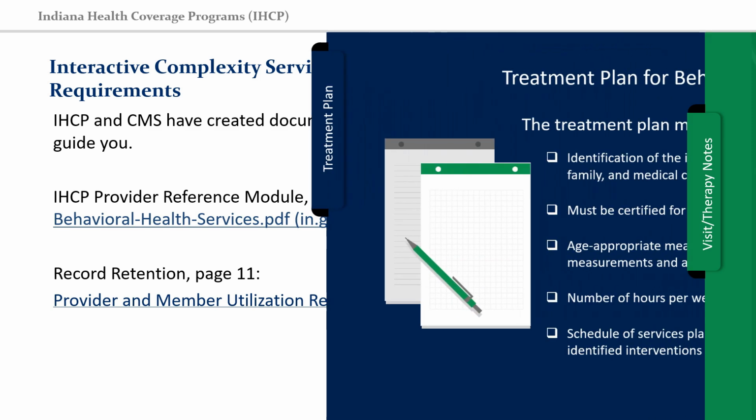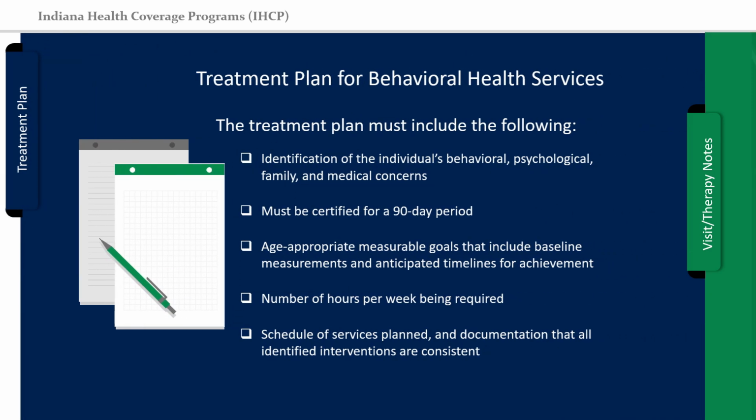Treatment plan requirements for interactive complexity can be found in the IHCP Provider Reference Module, Behavioral Health Services. When creating a treatment plan, the following should be included: the identification of the individual's behavioral, psychological, family, and medical concerns, and the age-appropriate measurable goals that include baseline measurements and anticipated timelines for achievement.